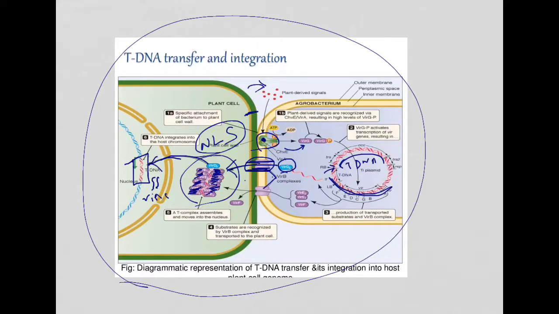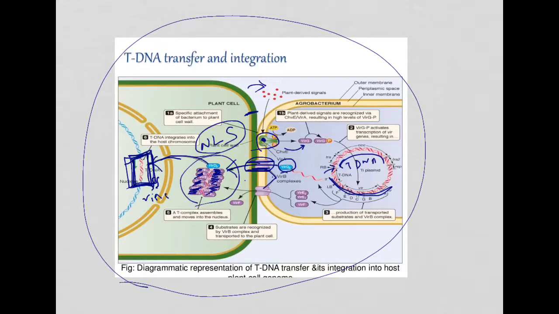So now the part of the gene that gets incorporated will have the gene of our interest, suppose antibiotic resistance gene or insect resistance gene, whatever. So it will have that particular gene that we actually wanted to get transferred inside the plant cell.